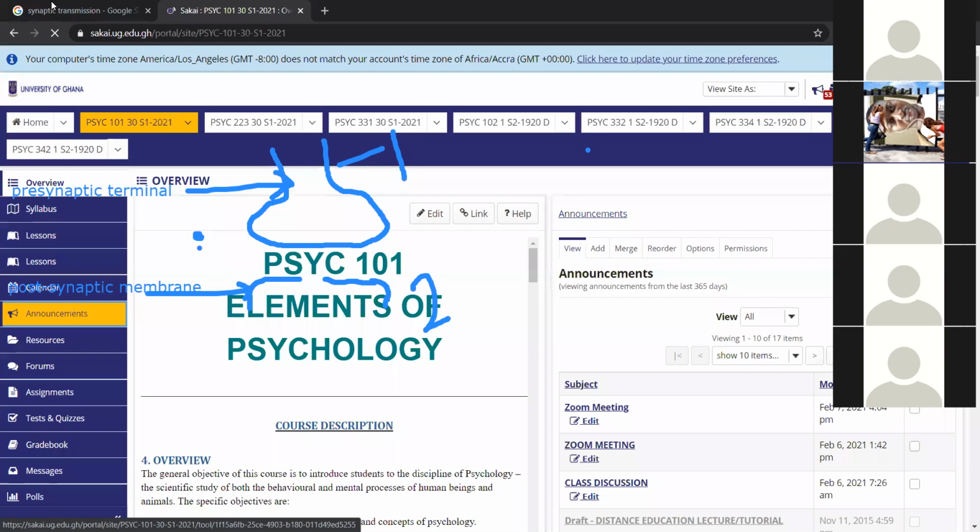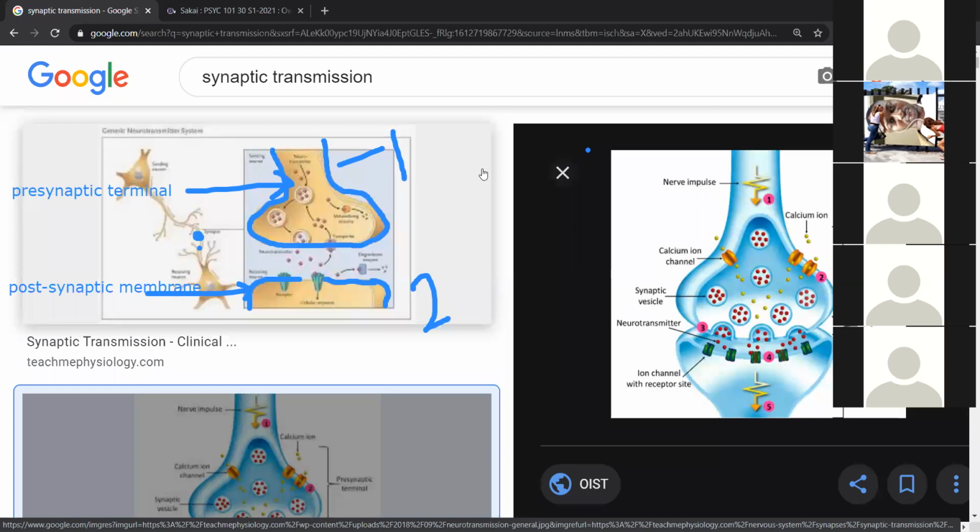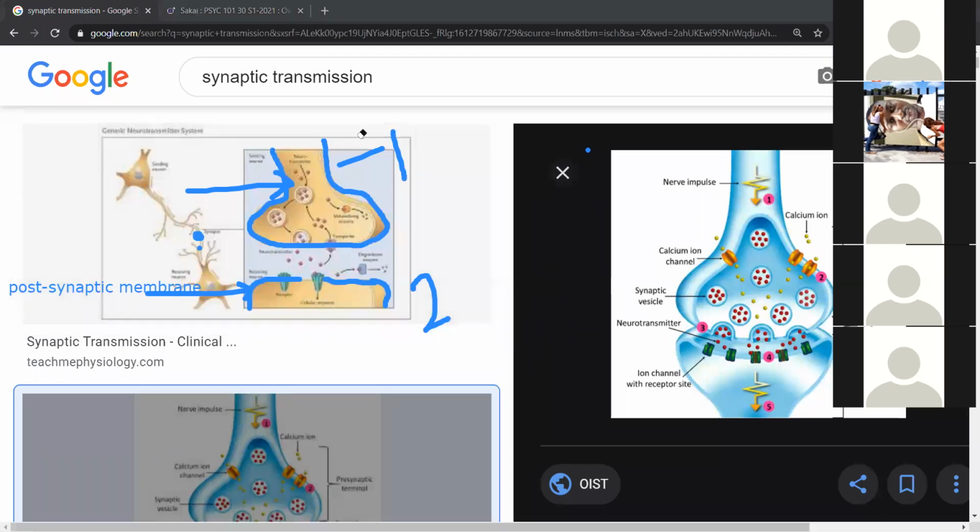So the presynaptic is always the terminal, because you didn't change the terminal to membrane. Oh, thank you. It's supposed to be membrane. Okay. Thank you, sir. Okay, so please, any question?